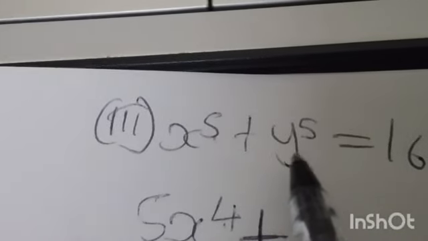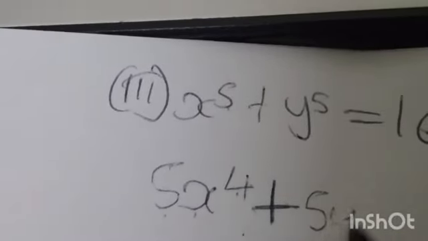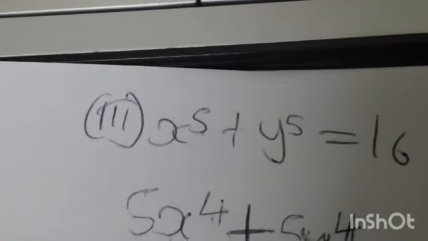The same thing will work out with y. So differentiation of y to the power 5 will be 5y to the power 4, times dy dx, which will simply equal the differentiation of 16, which is 0.